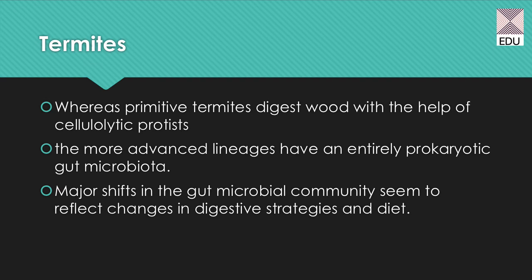Now, whereas primitive termites digest wood with the help of cellulolytic protists or protozoans, the more advanced lineages have an entirely prokaryotic gut microbiota. So this is a very, very important point. The primitive termites were using cellulolytic protists for digesting the wood.